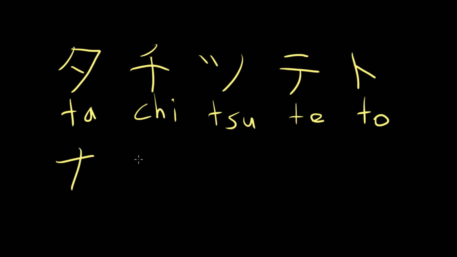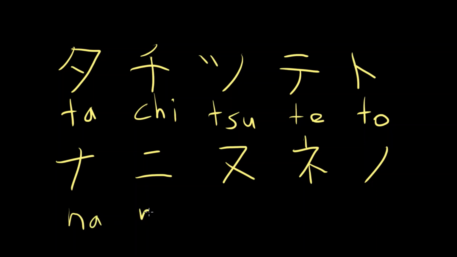So na, ni, nu, ne, and no. No is just a single diagonal line starting from the top. So na, ni, nu, ne, no.